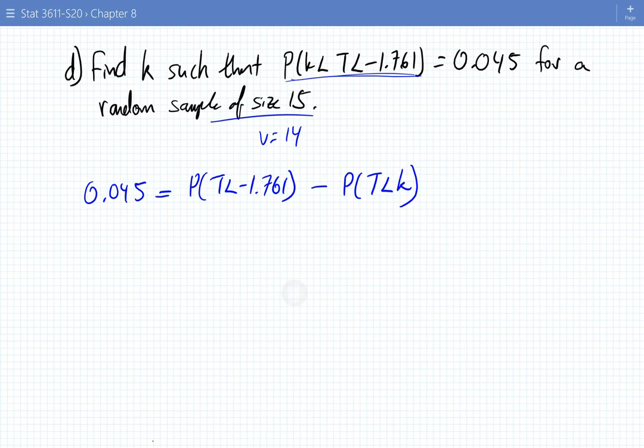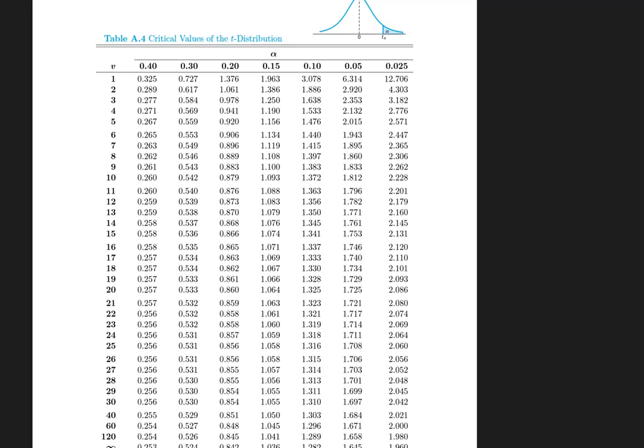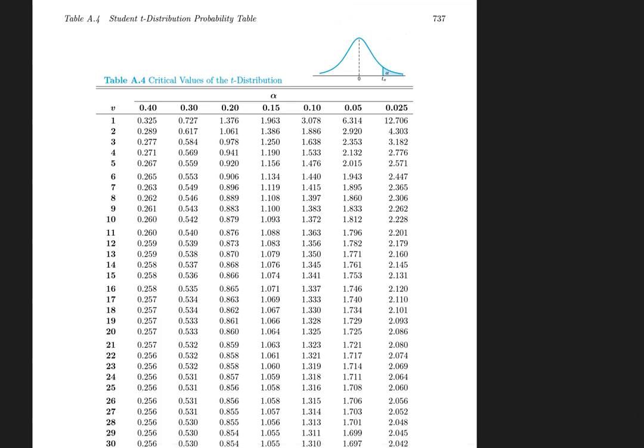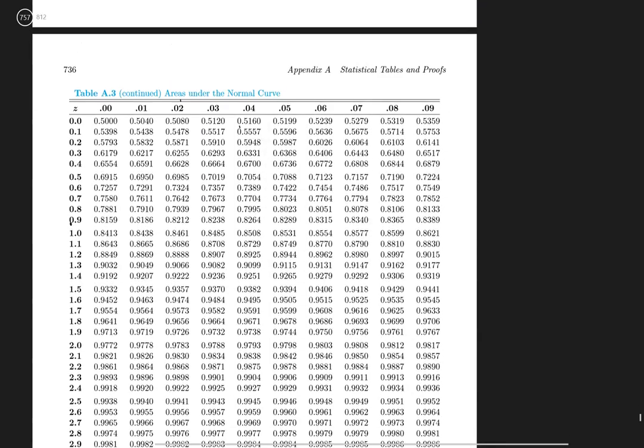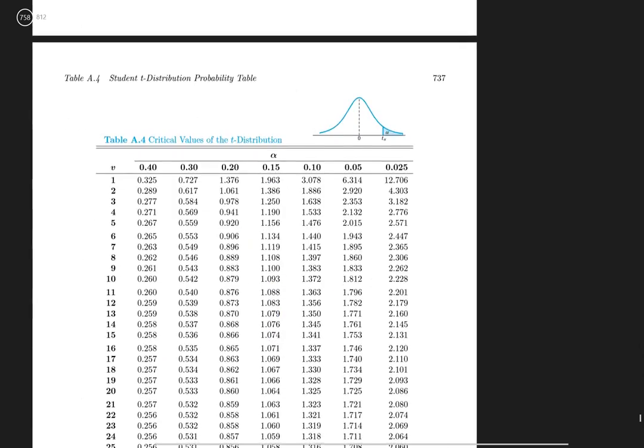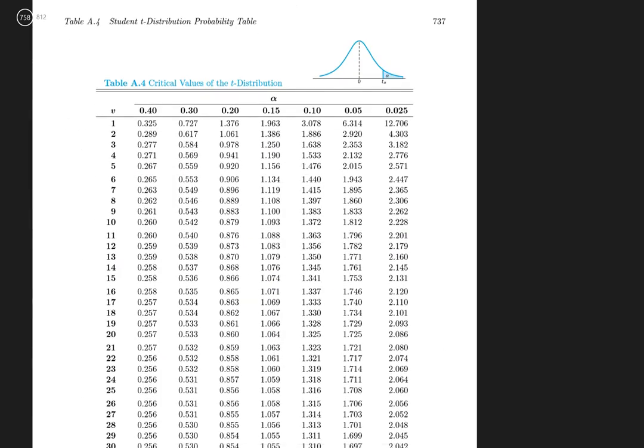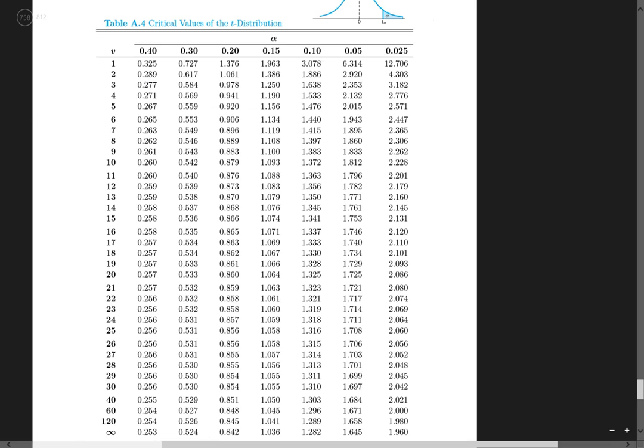1.761? Well, can we go look at the table with 14 degrees of freedom? Where is negative 1.761 showing up? Well, that's the normal curve table. This is the t-distribution table. There's no negative values in my entries here.